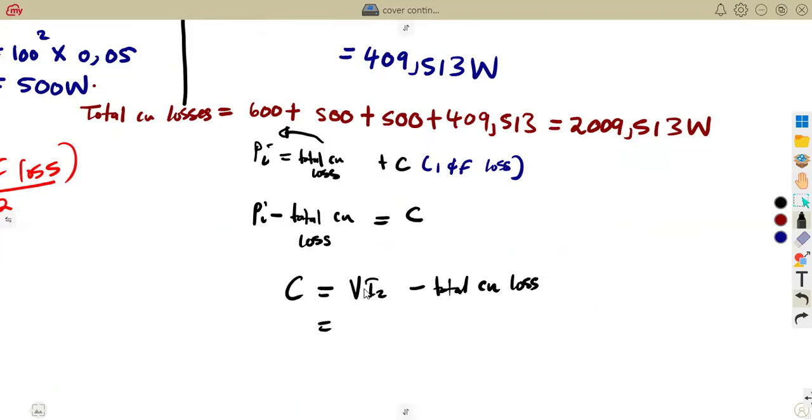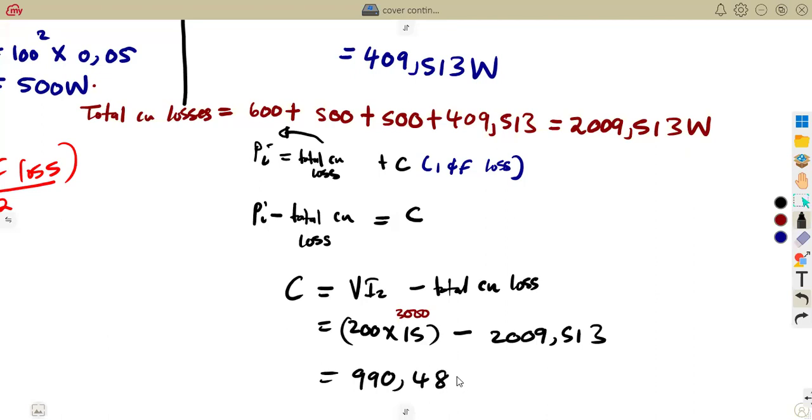Meaning V times I2, guys, we saw our terminal voltage is 200 and the load current on the supply is 15. You subtract the total copper losses as you added these together. That was going to give us something like 3,000 minus this one, which gives us 990.487 watts. So this is C.